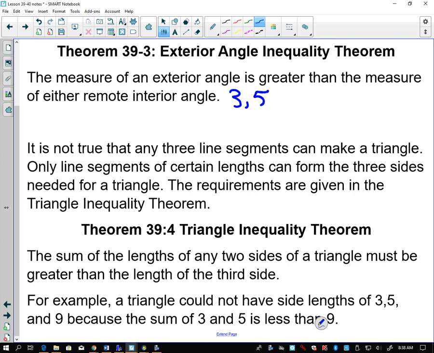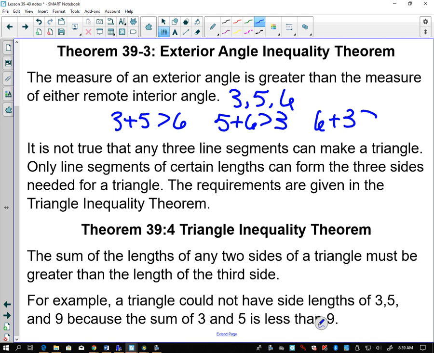3, 5, and 6. All right, so 3 plus 5, is that greater than 6? Okay, good. All right, then we got to try other pairs. 5 plus 6, is that greater than 3? Okay. 6 plus 3, is that greater than 5? Okay, because all three of those statements are true, are there any other combinations that we could come up with? Shouldn't be, right?